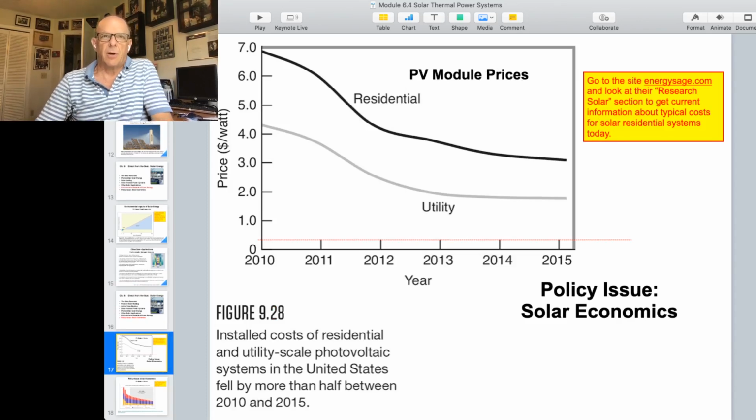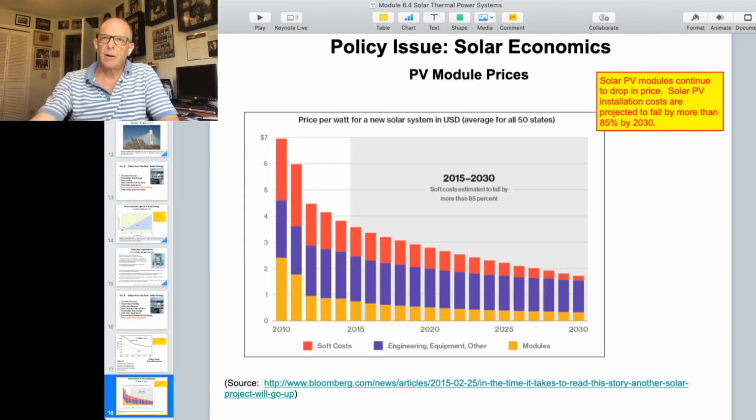So the cost of solar photovoltaics has been coming down, and that has played into, as well as policies have played into, the rapid growth in the deployment of solar photovoltaic that we saw earlier in the module. Costs are now down around $3 a watt for installed solar photovoltaic capacity on a residence in the United States.